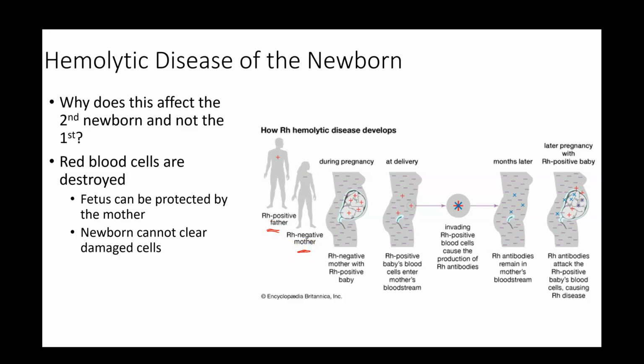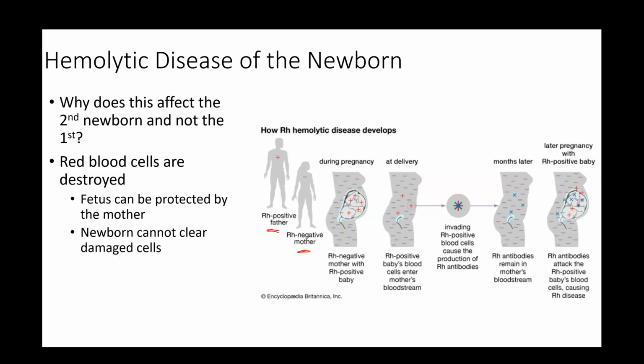If it's either or, this is not an issue. So we first have to have these 2 conditions occur. Mom has to be Rh negative. If she's Rh negative, that means that she could, upon exposure to the Rh antigen, produce Rh antibodies against that antigen.